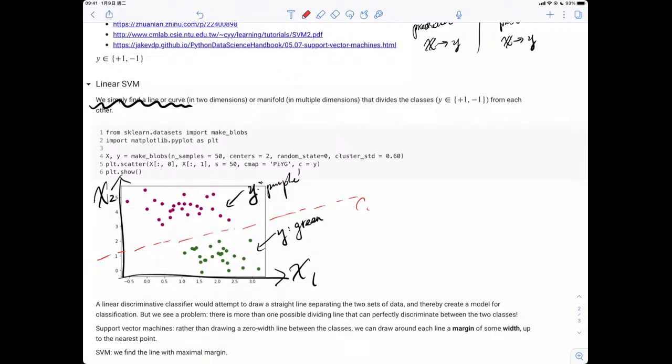Right here, we find a surface, a line, a subspace to separate these two different data sets. We do not describe the relationship between x and y, which is its target.